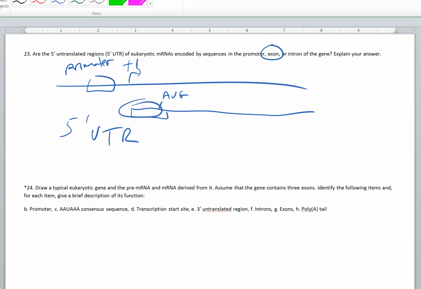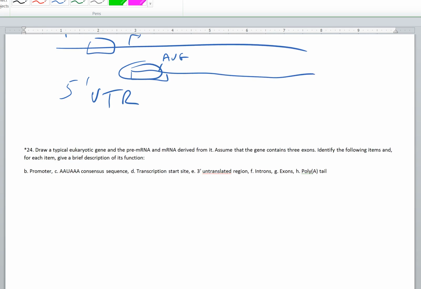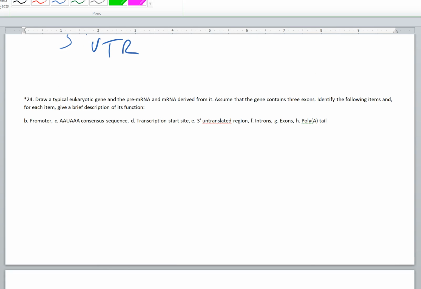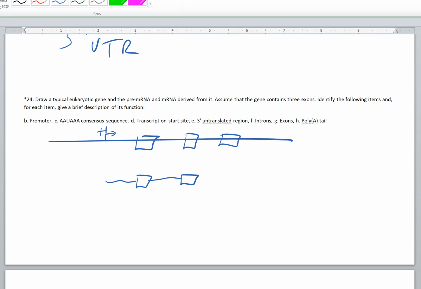I think we've done this one a million times. Do I have to do it again? So a typical eukaryotic gene, pre-mRNA and mRNA derived from it. Alright, gene. Believe me, if we were having an exam on paper, this is always a question. And then splice these guys together. And then where are these things?